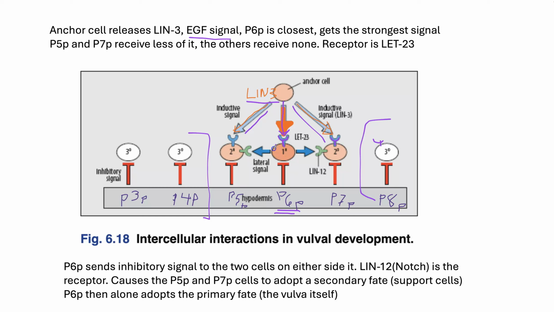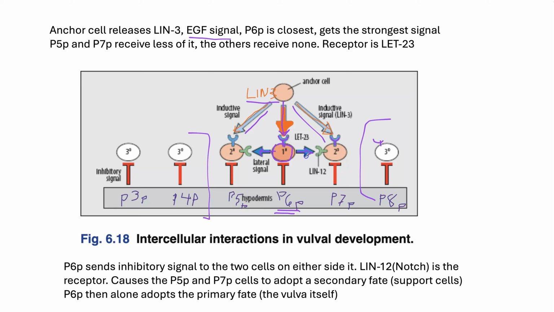But the cell that received the strongest amount of Lin3 then starts to send an inhibitory signal, and it's lateral inhibition. And we've seen this before. Think of bristles in flies that I talked about, I think in lecture 3.